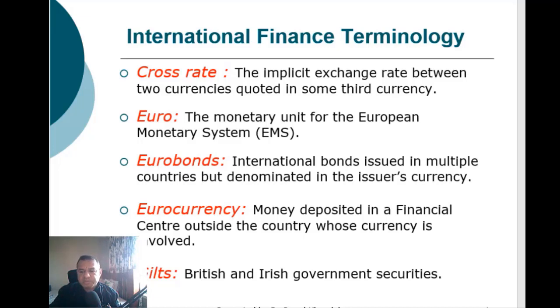Eurocurrency is money deposited in financial centers outside the countries whose currency is involved. And gilts are British and Irish government securities.